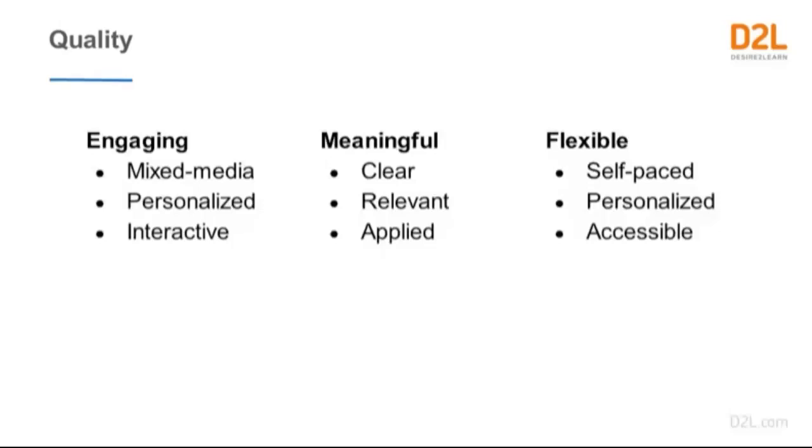So for example, are you adding text alternatives for visual content that could be read by a screen reader? Do the videos that you're including in the course have transcripts? That kind of thing.